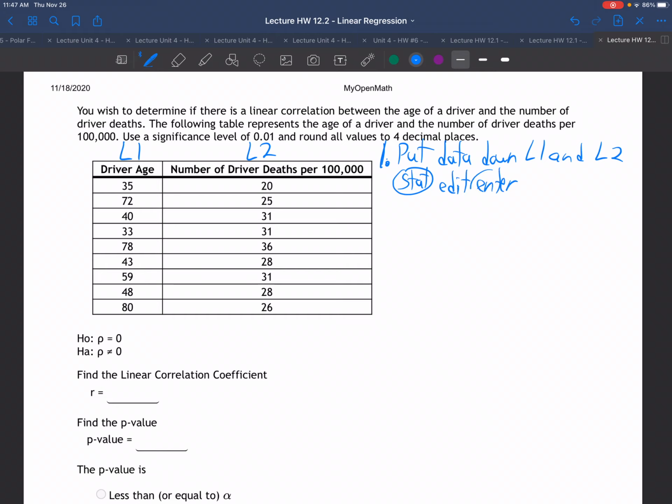Just hit Enter, go to the top of L1, press Clear and Enter. Go to the top of L2, press Clear and Enter. And then put the data down in L1 and L2.